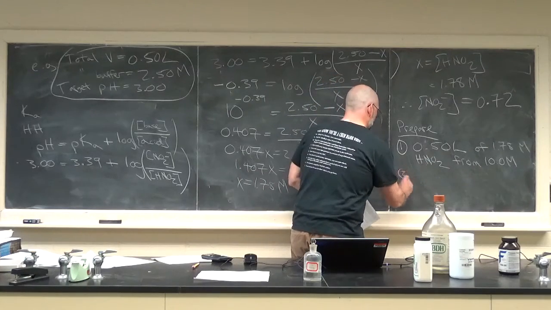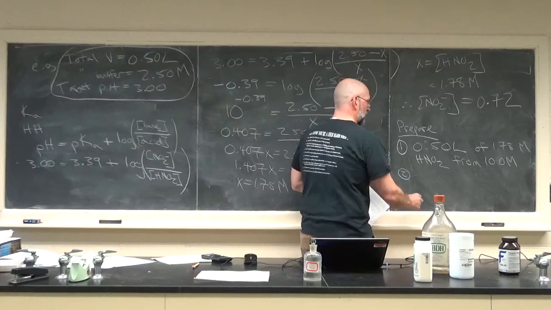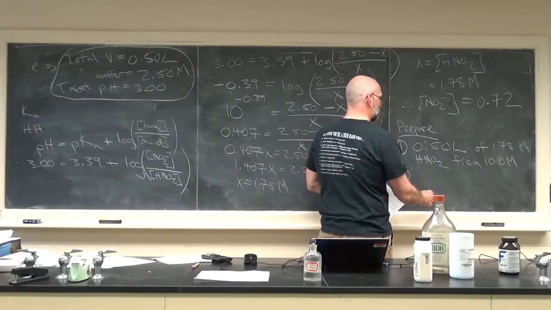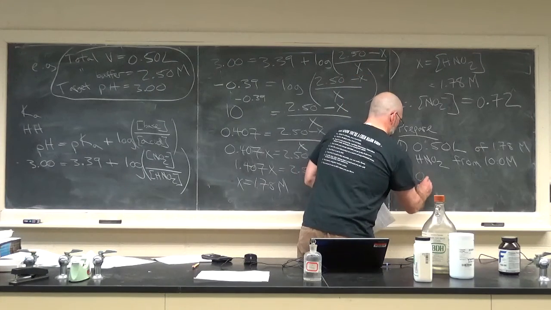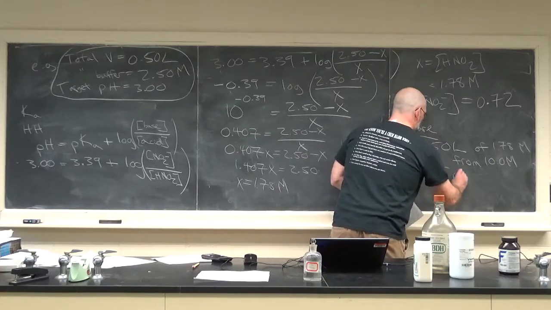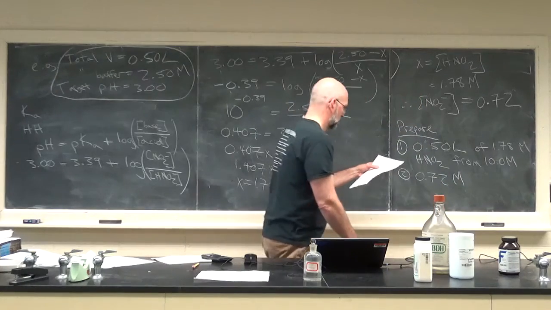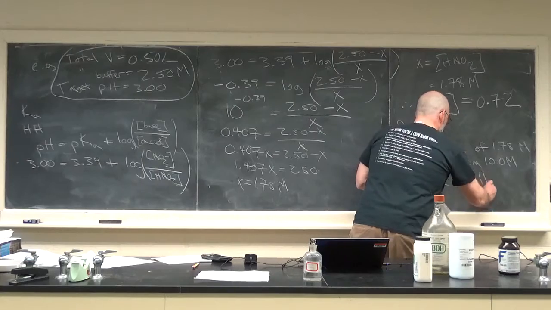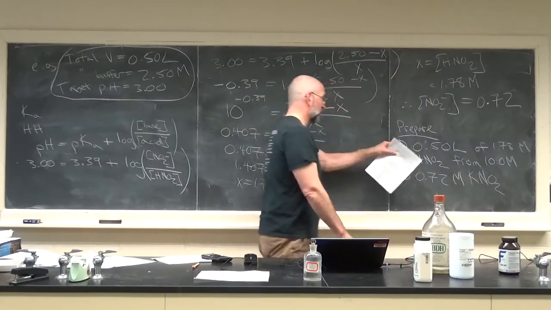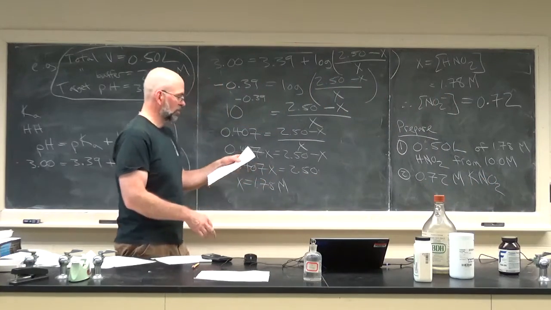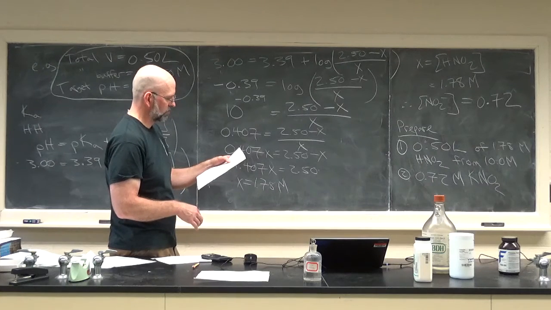And then you want to prepare a 0.72 molar, and what's the solid? KNO2. It's still 0.50 liters, and you're told it should take 31 grams. Nice.